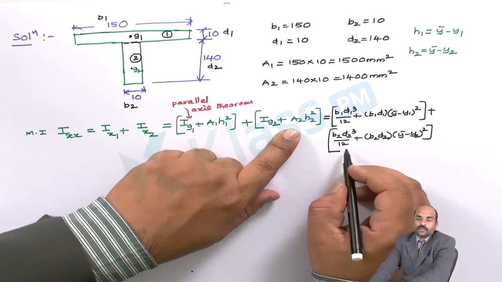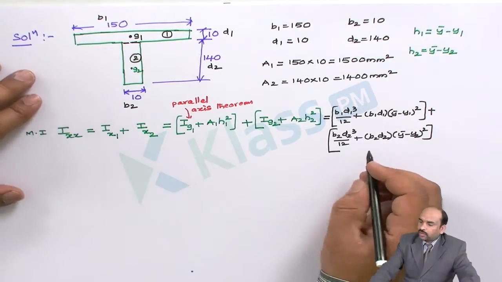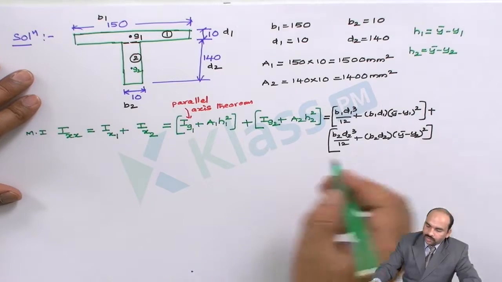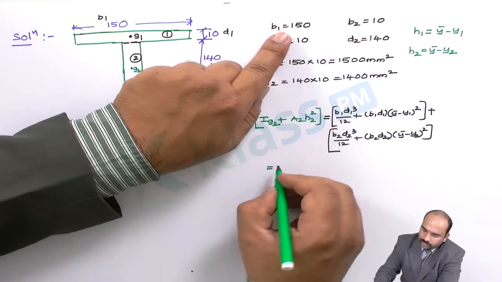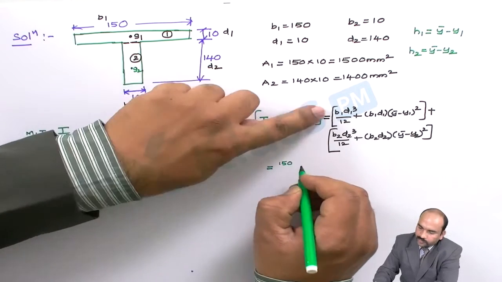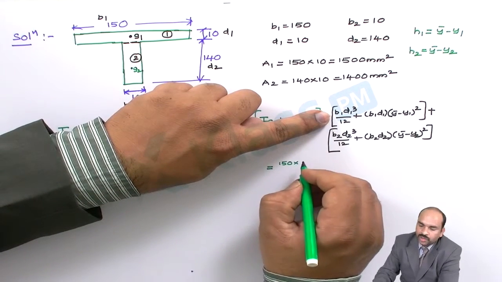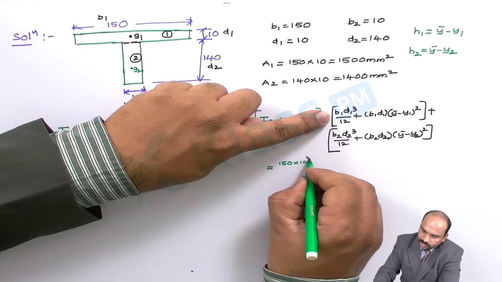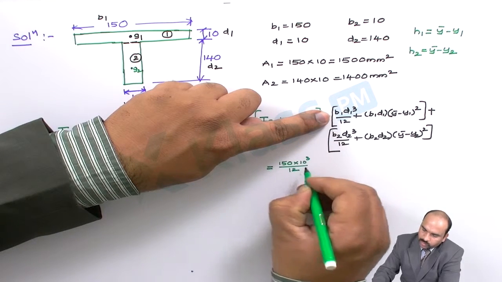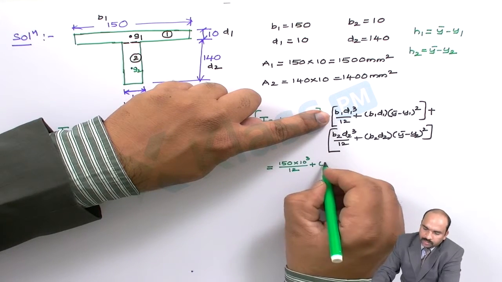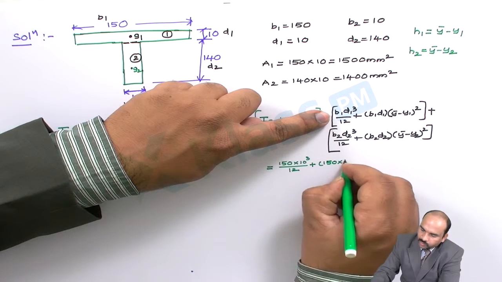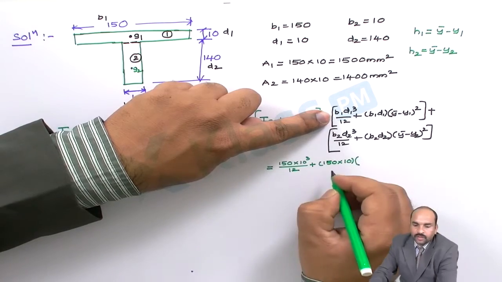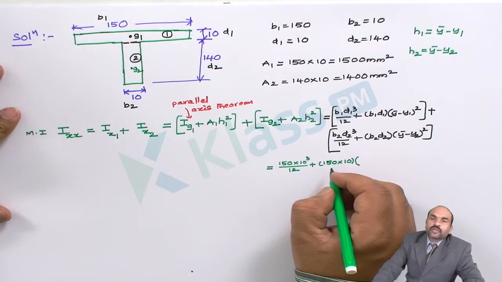So this is the formula for Ix. Now let us substitute all the values. We know B1 is 150, into D1 10 cube by 12, plus B1 150 into 10. Now this y bar we have to calculate.